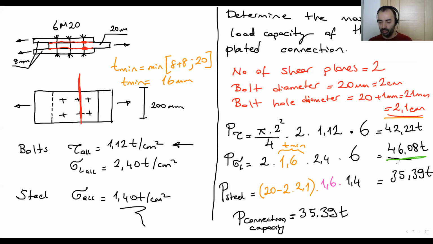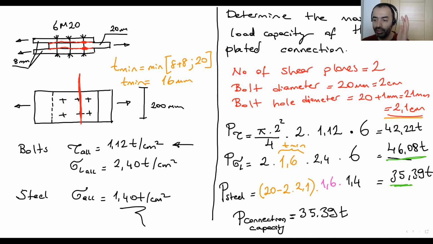46. The load on the connection increases step by step. When the load meets 35, the steel plate will fail. I know my bolt will fail at higher loads, but before then, my steel plate will fail.